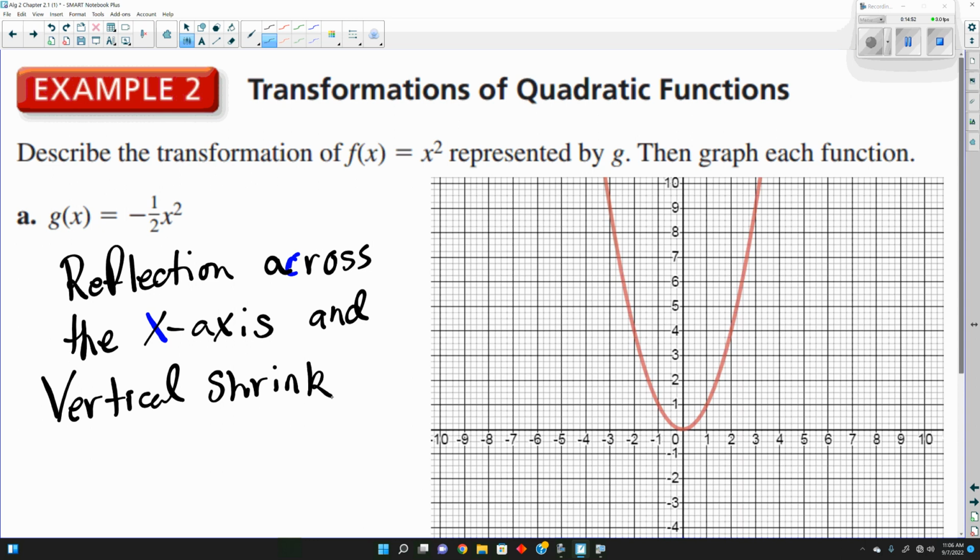Now, if you put this on the homework, especially for vertical stretch or shrink, I'm going to count points off again. Because what are we actually shrinking it by? Vertical shrink of 1/2. Write that again.